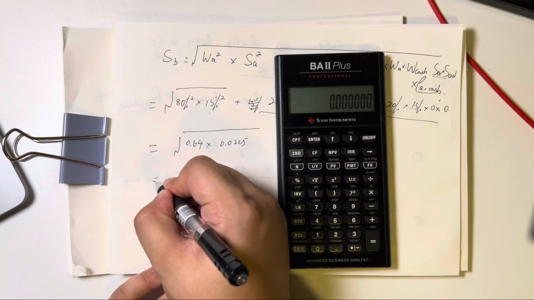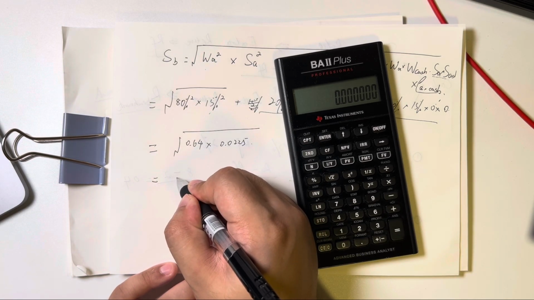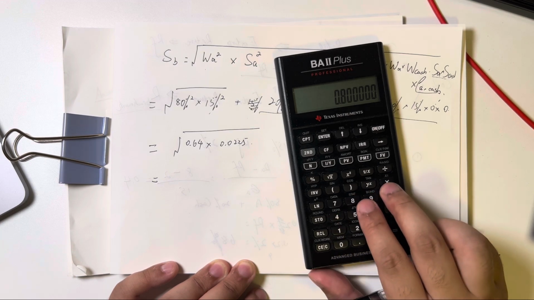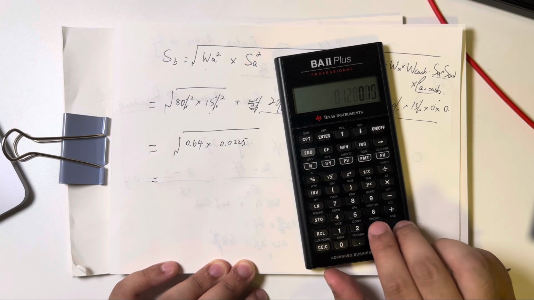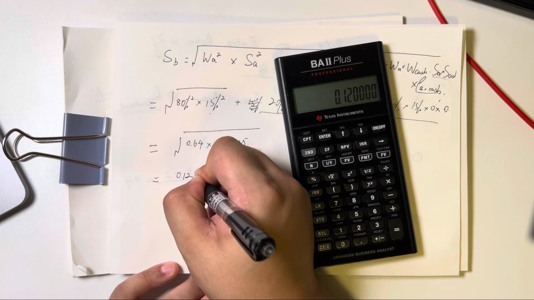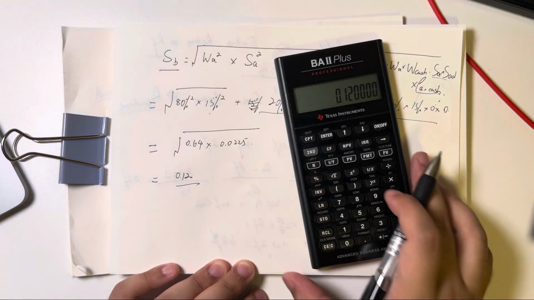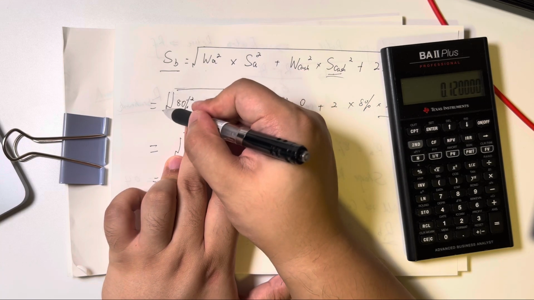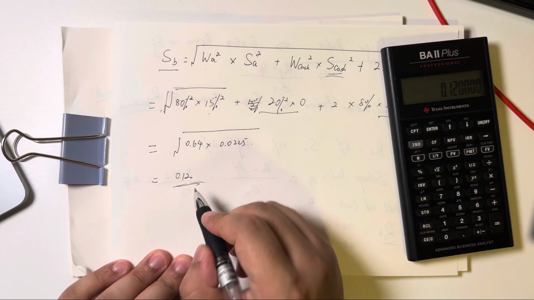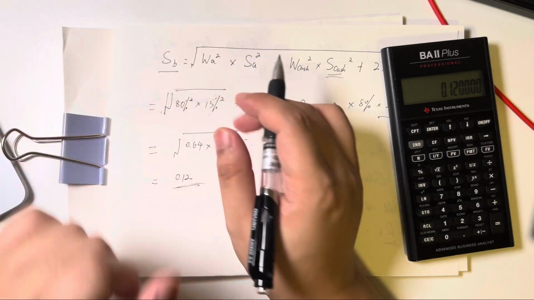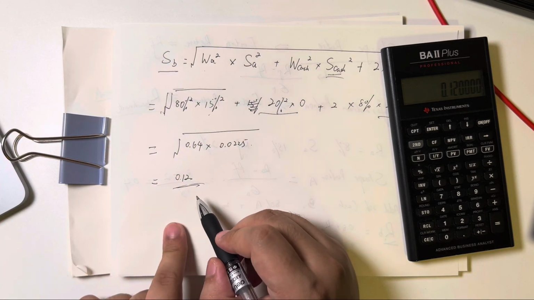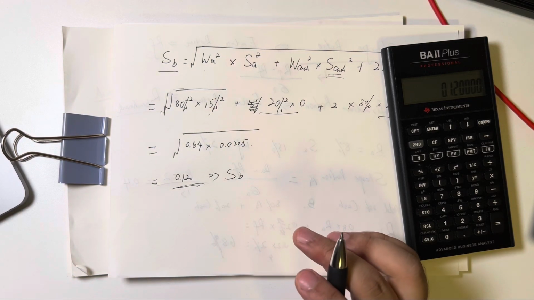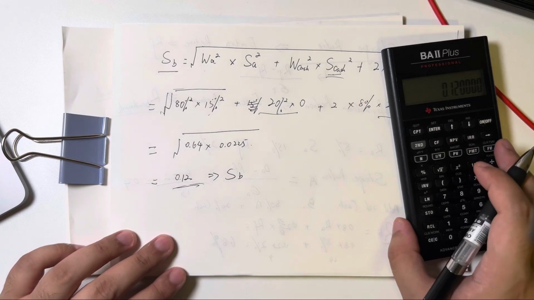Yeah, so I think 0.8, multiply that. We just need to use this 0.12 as the standard deviation of portfolio B. Okay, and quick way of doing this, because you square that and you square root it, so you just need to get rid of this 2 and then calculate that 0.12. Okay, so this will get our standard deviation of B, which is the combination. Okay, combination of the portfolio.